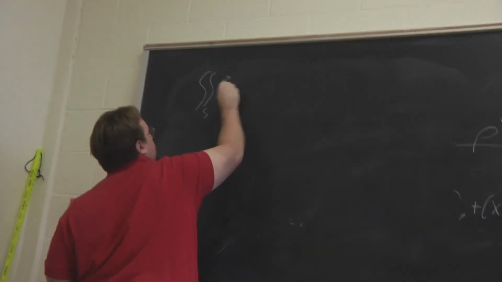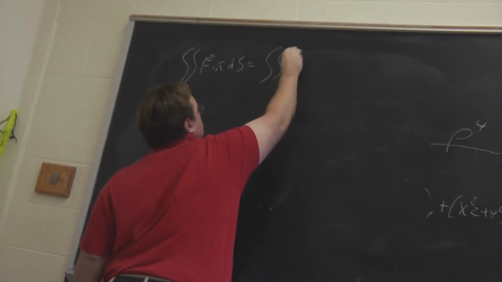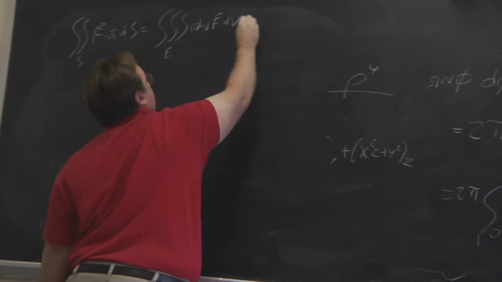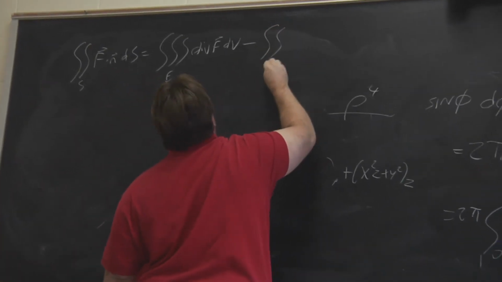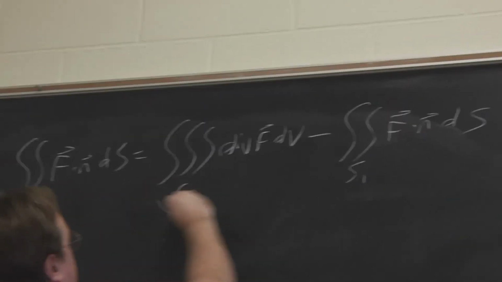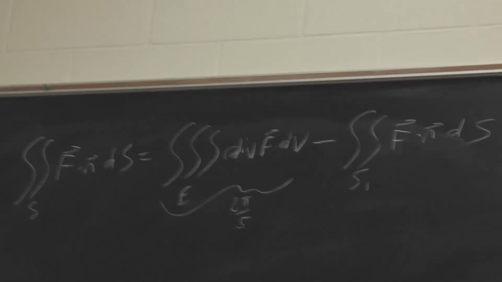So the answer we really want is equal to the triple integral of the divergence, which we just figured out, minus the integral over the base. So this we got, that's 2 pi over 5. Now we just need this.